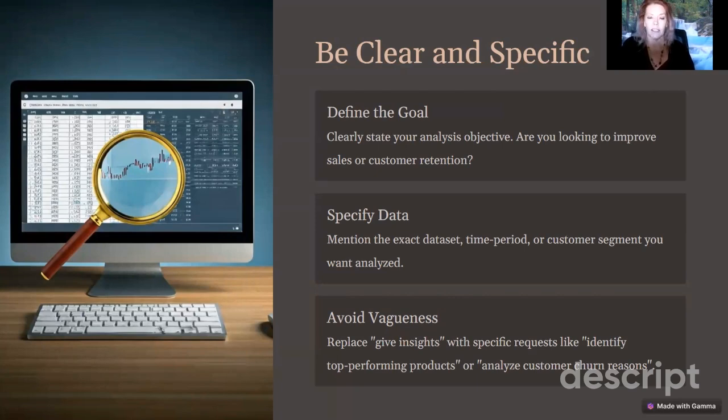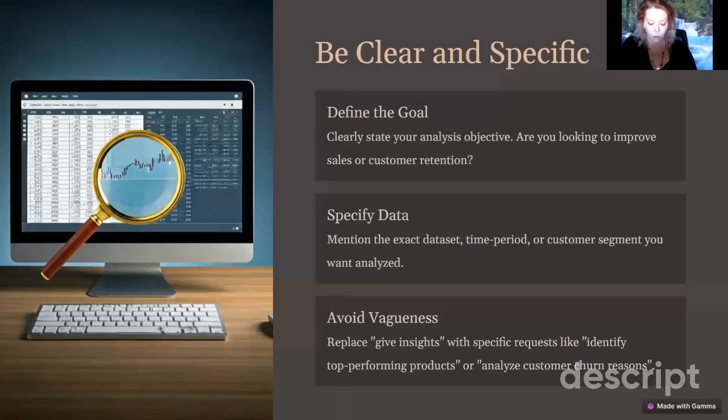So you want to mention the exact data set that you want it to look at, the time period you want it to look at, if it's a specific time period, or the customer segment you want analyzed. So we might want to say, look at the last 2 calendar years, or the year-to-date figures.